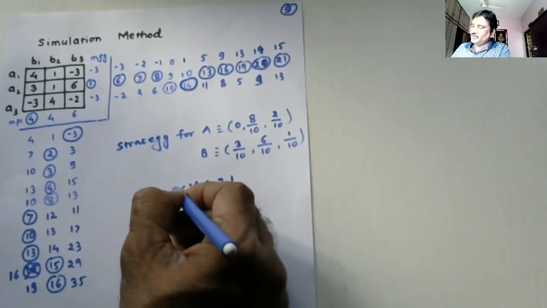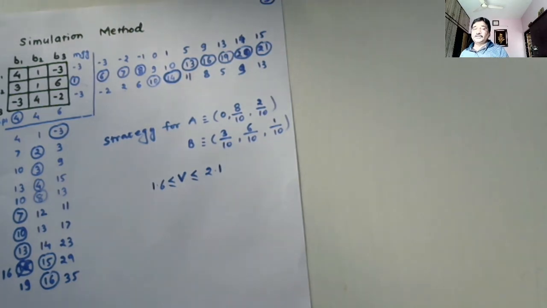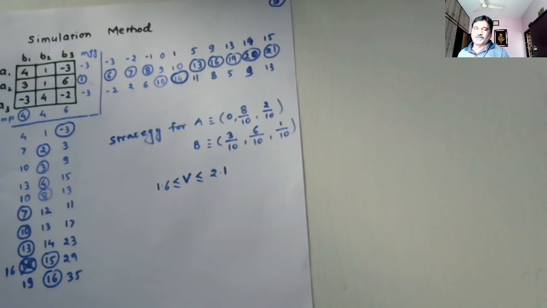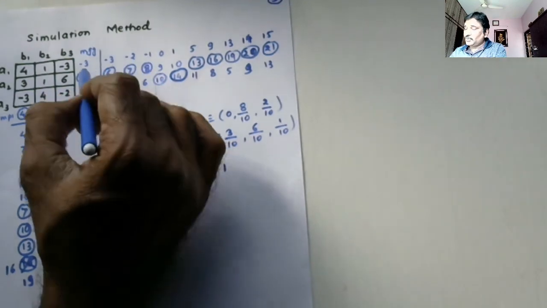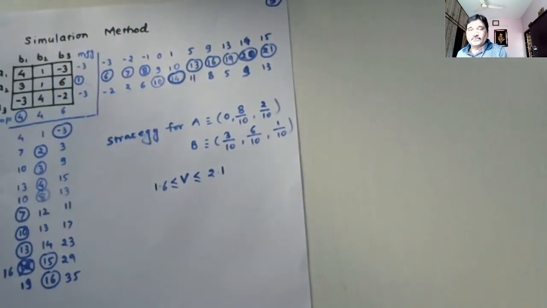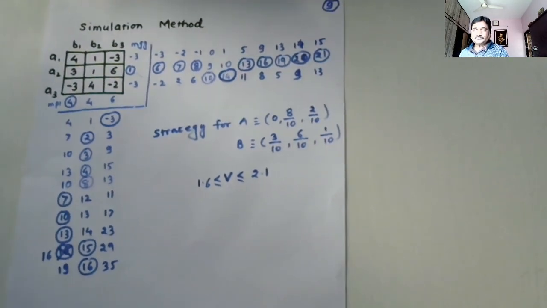So at least we now know, on the basis of our game which we played 10 times, that the game value lies between 1.6 and 2.1. Earlier we knew that the game value lies between 1 and 4. We have converged our limits from 1 to 4 to 1.6 to 2.1.